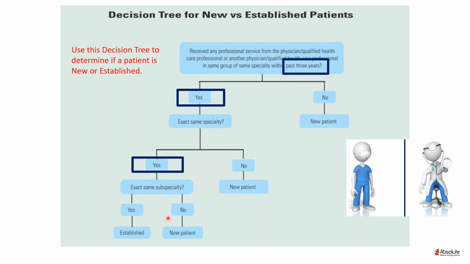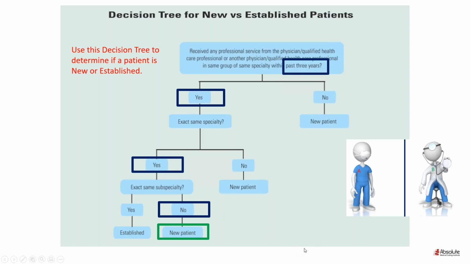Well, that answer would be no, because Dr. B has a subspecialty in oncology. So therefore, we're going to have to classify this patient as a new patient. So hopefully you'll find this decision tree helpful. All right. So now let's get on to the business.